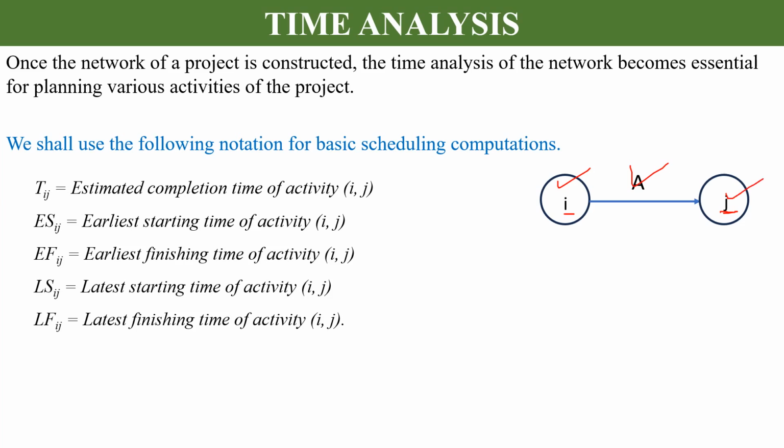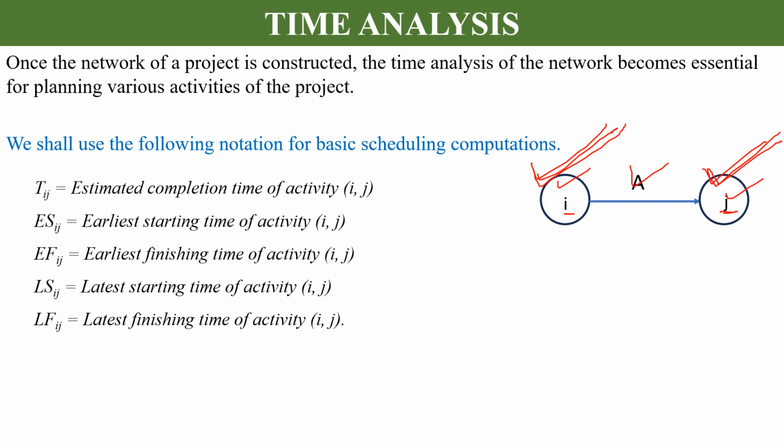Next one is the earliest start time, ESij, which is the time at the starting event I of the activity. And the earliest finishing time, EFij, is the time at the ending event J of the activity.